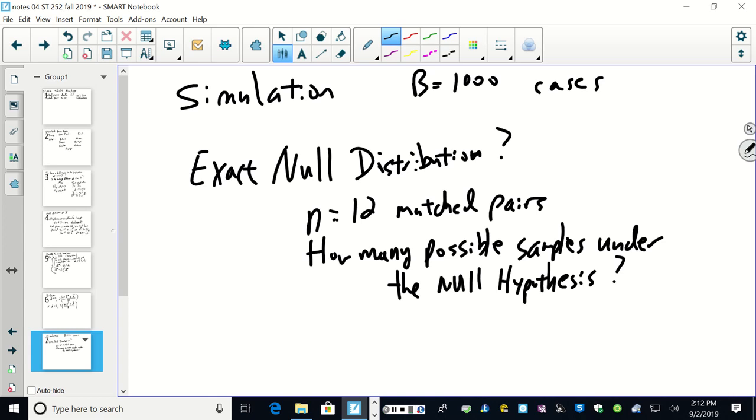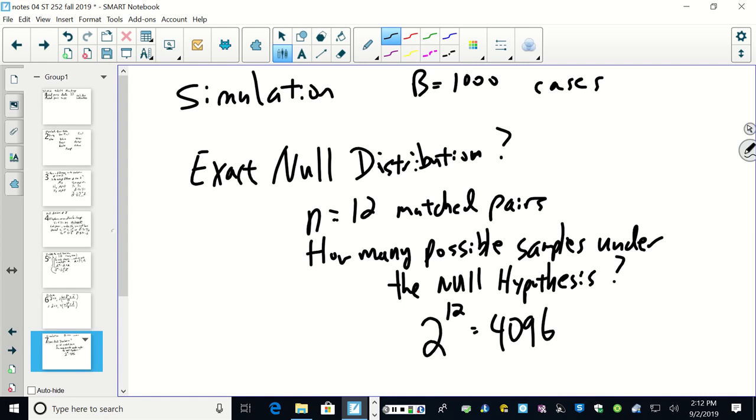So the sample is determined for each person, right, by either a 1 or negative 1. So there's two choices. 12 choose 2? Oh no, not quite, because 12 choose 2 would be taking 12 things and choosing 2 distinct ones out of that. It's 2 to the 12. Another way of counting, right? 2 to the 12, which is 4,096.